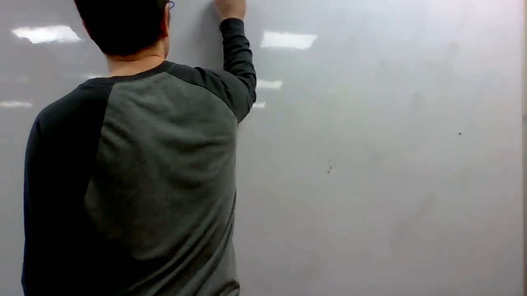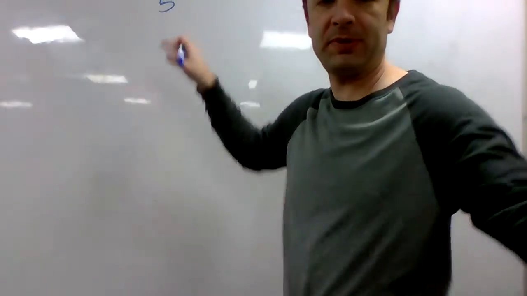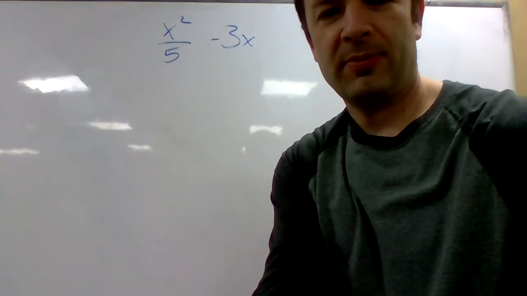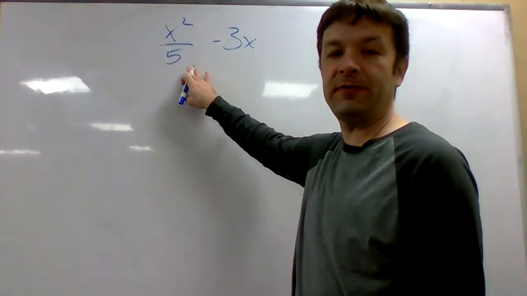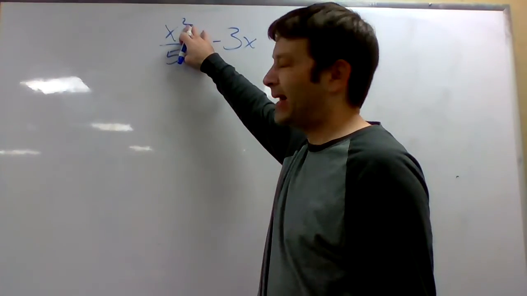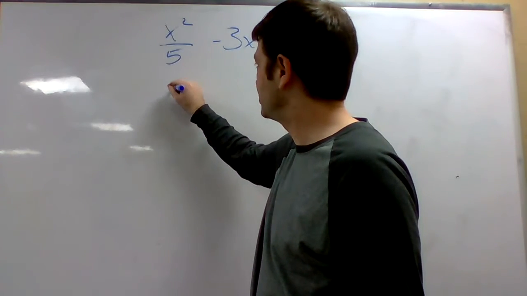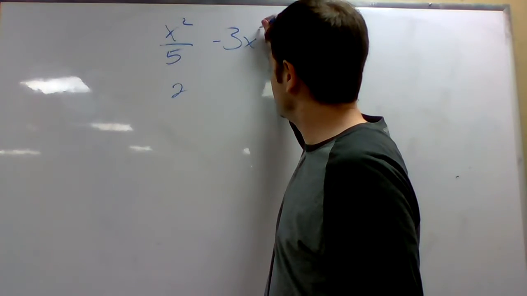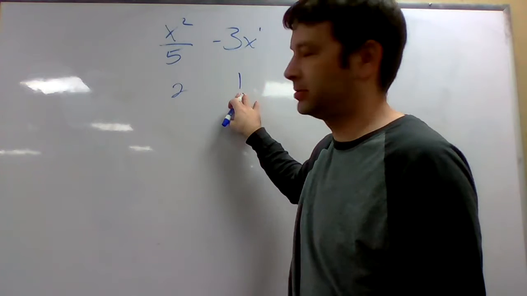All right, 15 says x squared over 5 minus 3x. All right, let's start with the power. Camera's all over the place. It doesn't matter that there's a 5 down there. Okay. X squared, so the power is 2. X, nothing, so the power is 1.